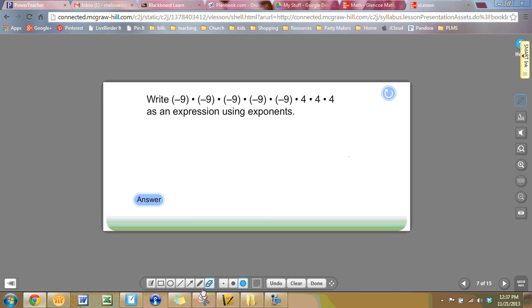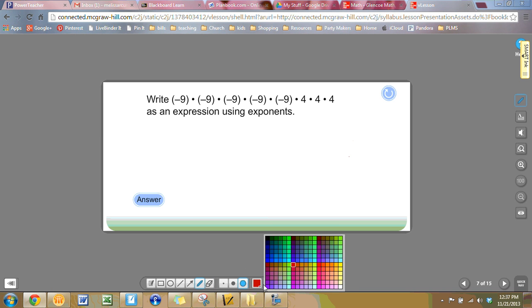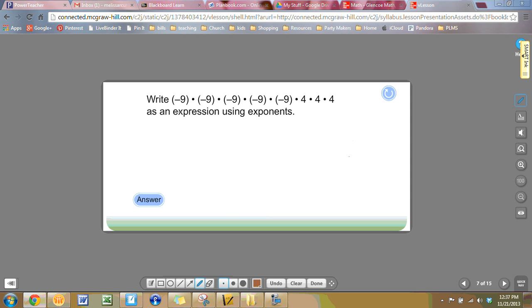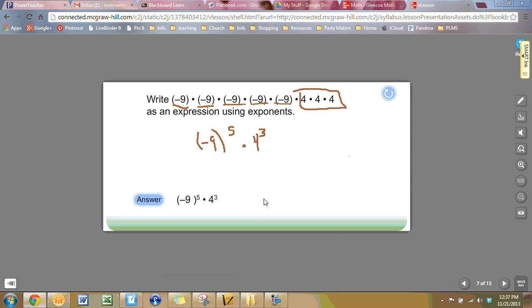Well, I have 1, 2, 3, 4, 5 of those. And then I have 3 4's. So again, I want to make sure I put my -9 in parentheses. -9. And then 1, 2, 3, 4, 5 of those. So 5. I'm going to keep my multiplication symbol. And then I have a base of 4. And I have 3 of those. So I'm going to write it like that. And that's it.